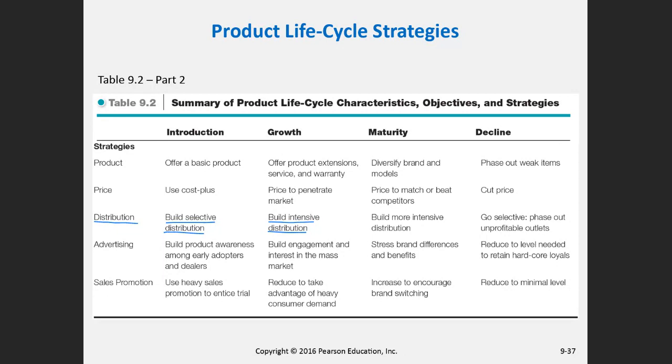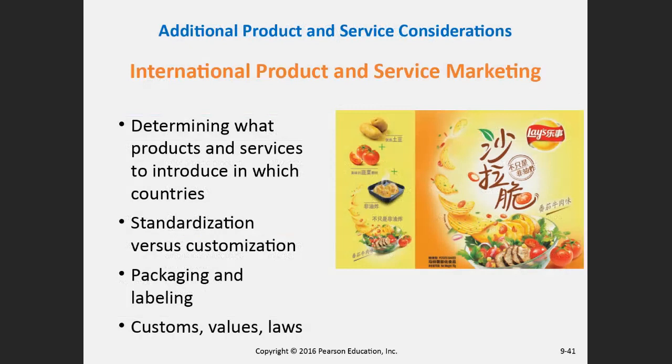But we build more intensive distribution during the maturity stage. Now, instead of Best Buy, these things are at Walmart. And then decline, we go selective, phase out unprofitable outlets. Maybe we've got a higher end television there, so we just go to higher end places. Those are good charts to review as far as the strategies for each stage.